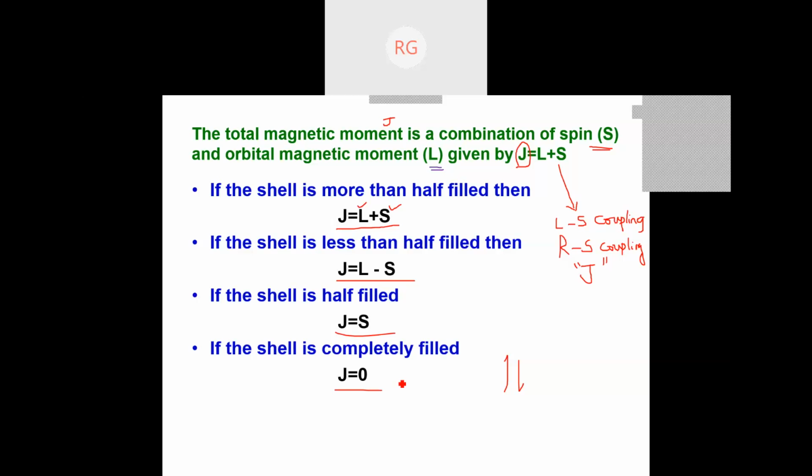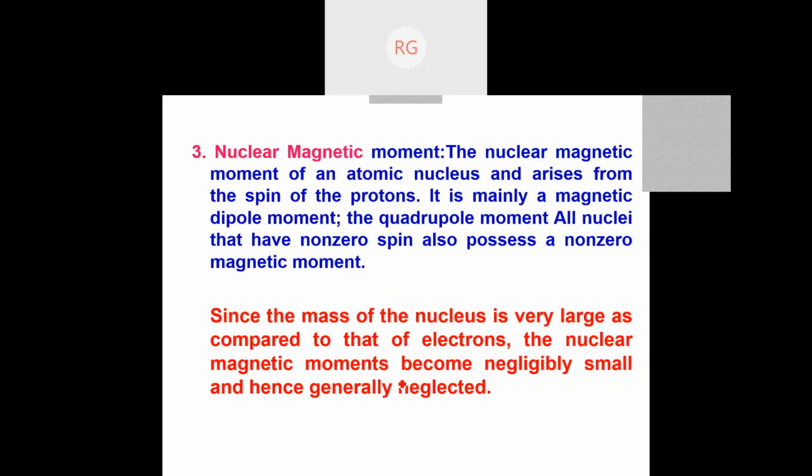These are the schemes. In addition to this, we have the third origin of magnetism, and that is nuclear magnetism. Why are nuclear magnetic moments there? We know that these are the electron orbits, and this is the nucleus.